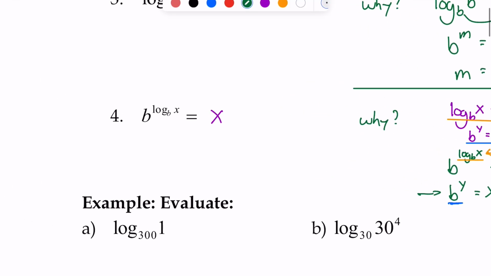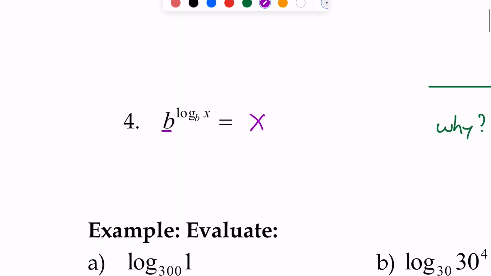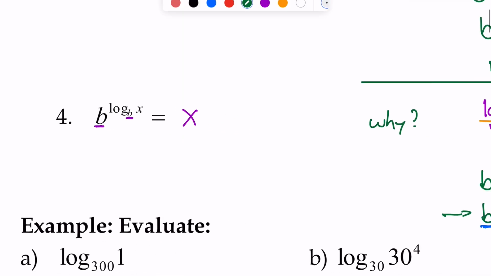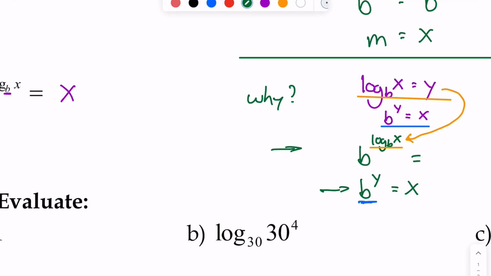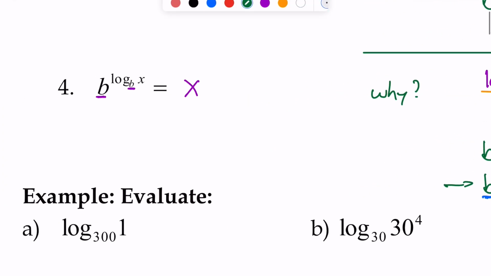So if you ever see a base, like some exponent, being put to the power of a log with the exact same base, if this confuses you, don't worry, just know that you put it equal to whatever you see on the inside there.